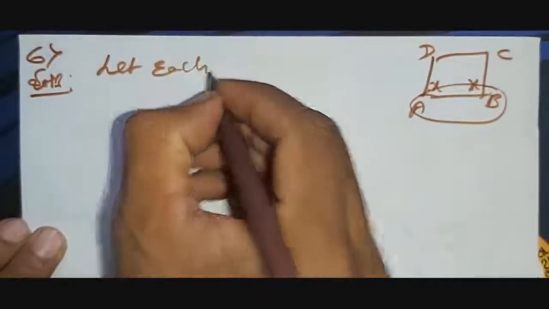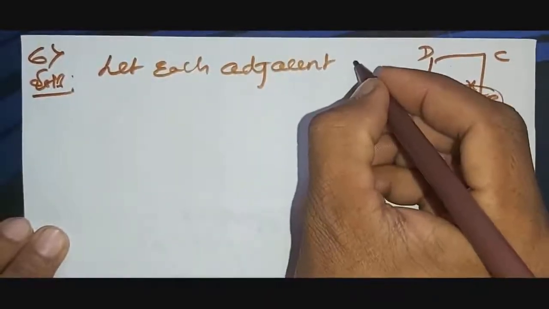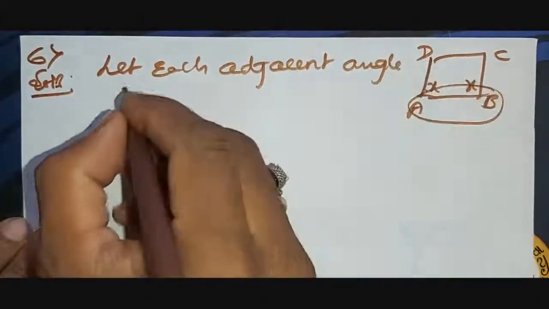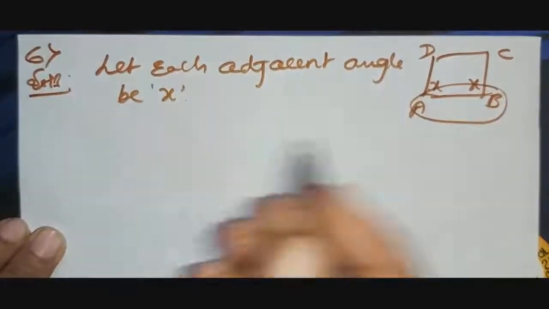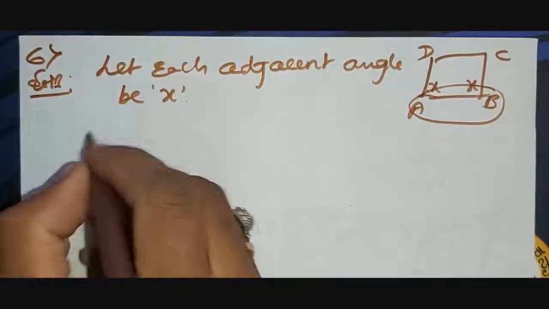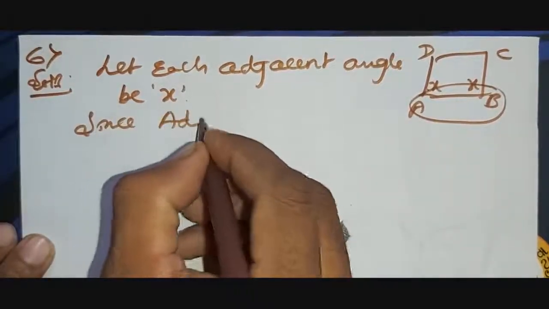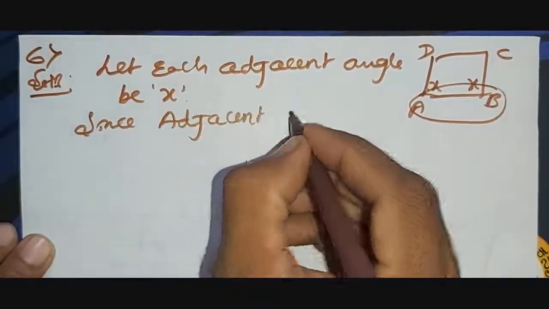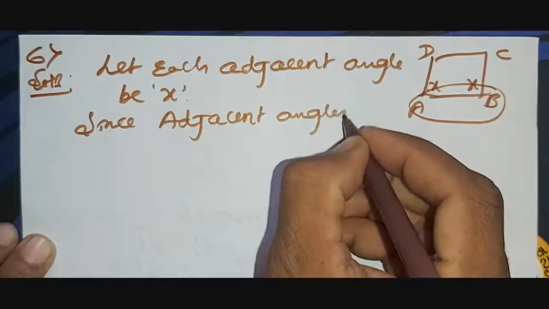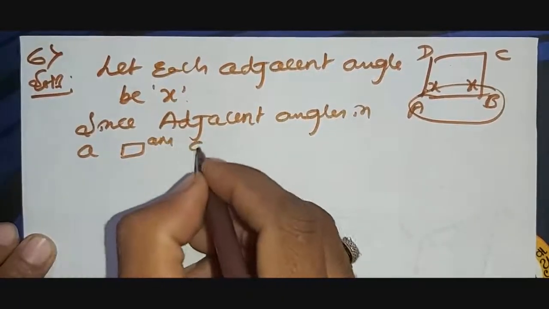Let each adjacent angle be x. Adjacent angles in a parallelogram are supplementary, right?